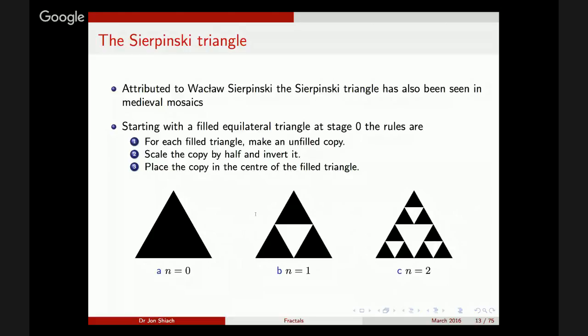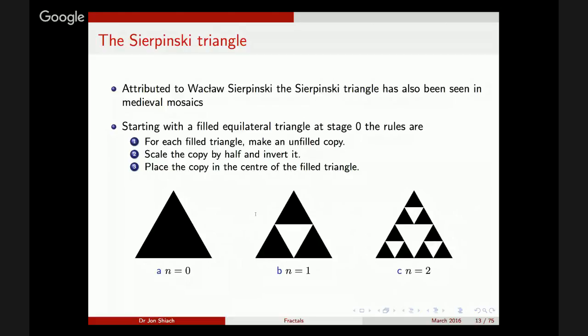This is our Sierpinski triangle at n equals 1. And for each of these black triangles, we do the same. We scale them down by half, turn it upside down, and fill it in white.